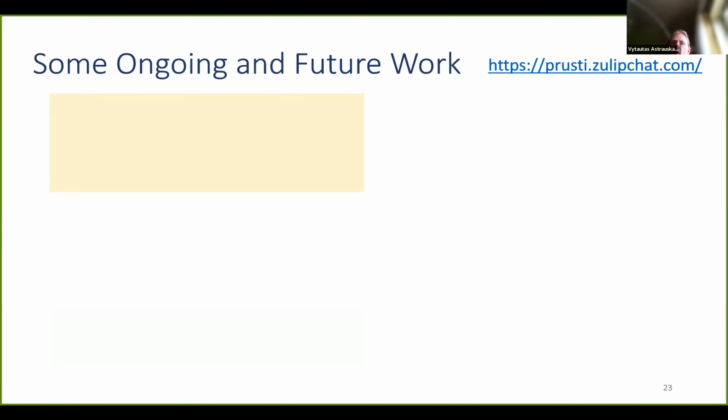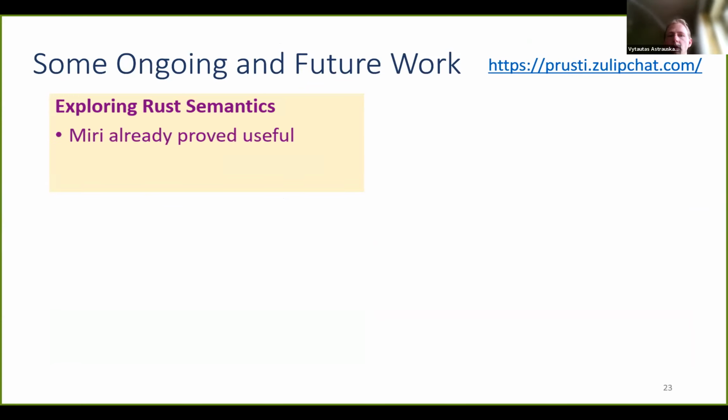Okay, so now I'd like to talk shortly about some ongoing and future work. One thing we are doing is exploring Rust semantics. For those of you who haven't heard about it, Rust has an interpreter called Miri, which Ralf Jung adapted for checking important properties of Rust.